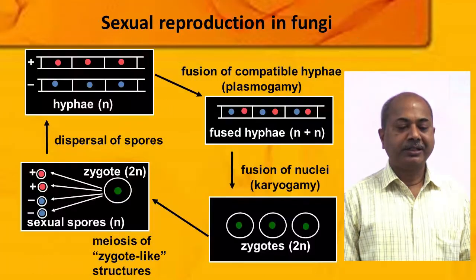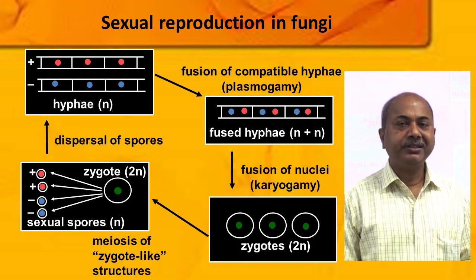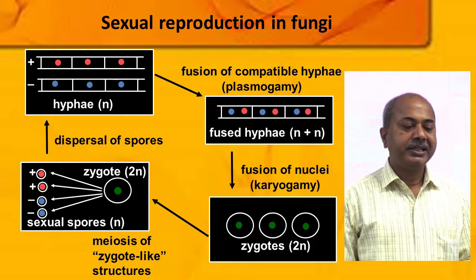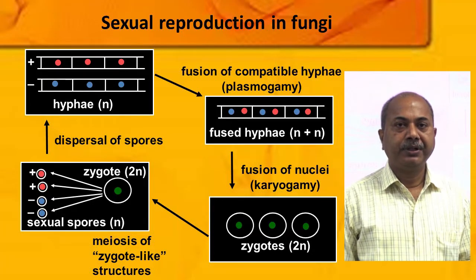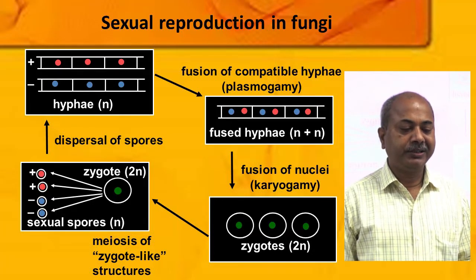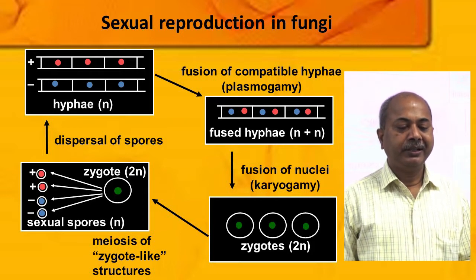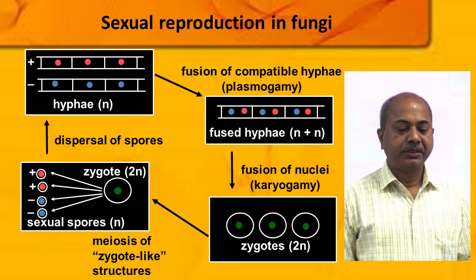So you can understand the process of sexual reproduction, that is three distinct phases, through this picture. What happens? In this case, two hyphae of opposite nature, that is dissimilar type, having compatibility, come closer, and then plasmogamy occurs.